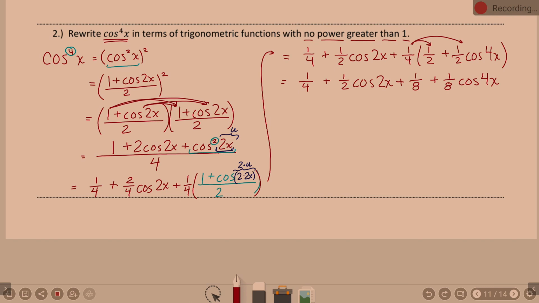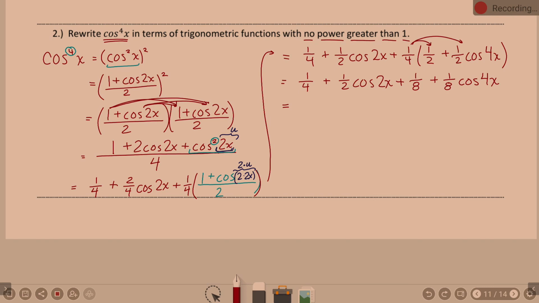Okay. We're almost there. Do you see a step we can do? Add like terms. What do I have in the way of like terms?